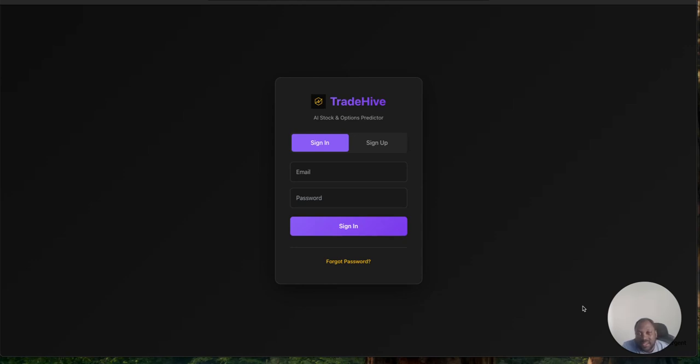And what is this? This is an application, a tool for all traders, people who trade stocks and use strategies like options or buy and sell stock and things like that. This is a tool for those people. And what does this tool do?